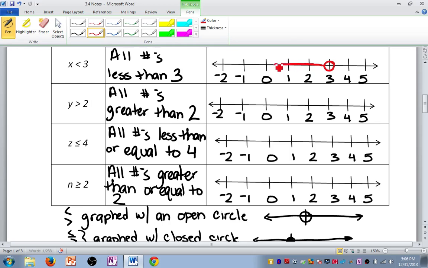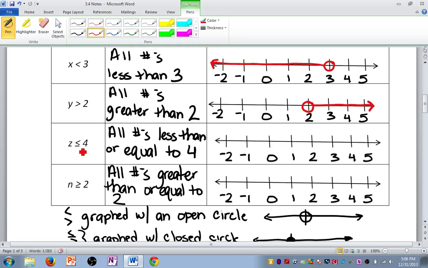So that means that x can be any of these numbers on the number line. If I'm graphing y is greater than 2, that's telling me that y is going to be any number bigger than 2. Notice my open circle.